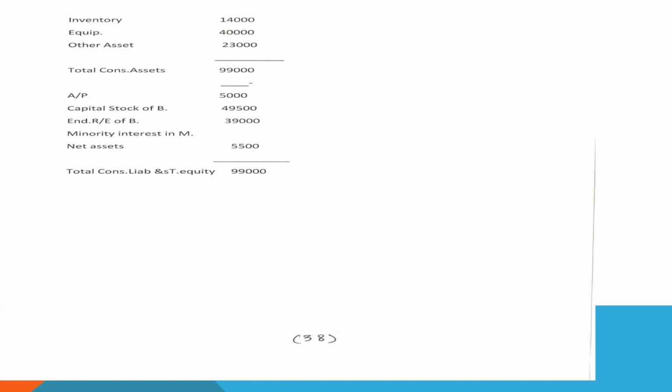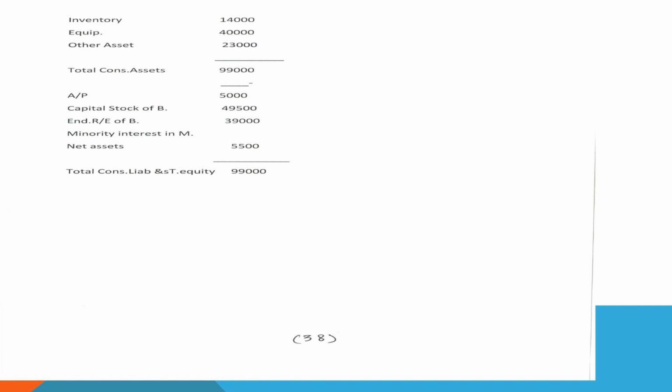Total consolidated assets 99,000. Always total consolidated assets equal total consolidated liabilities and owners' or shareholders' equity.